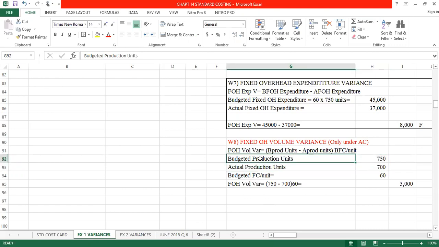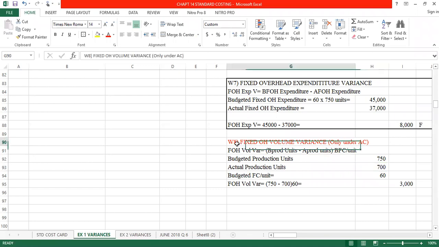So let's reason here. We had budgeted to produce 750. We actually produced 700. Did we gain or did we lose? I'm asking again. We lost. Production.